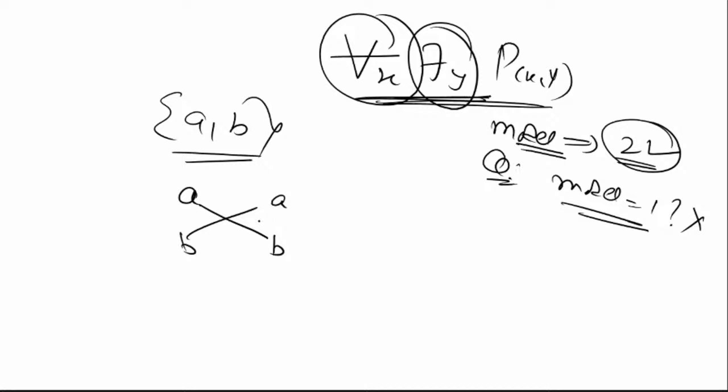Basically, in Hindi if I say it, they are taking care of each other: to take care of a there is b, and to take care of b there is a. Okay, this is the situation. But now if I want to say whether there exists a model of size 1 or not, I cannot guarantee that.